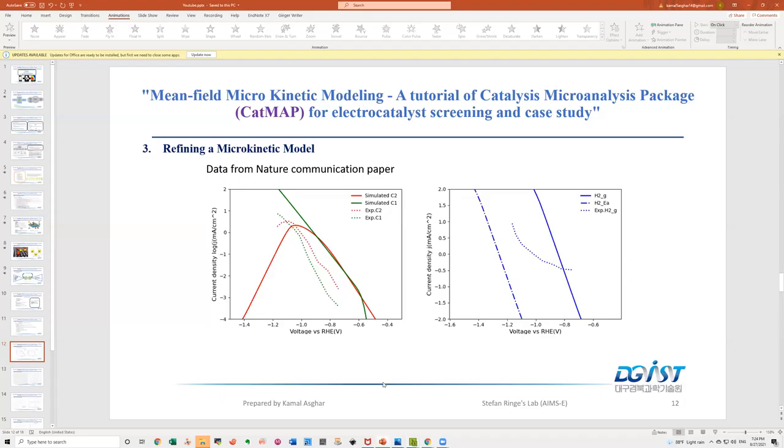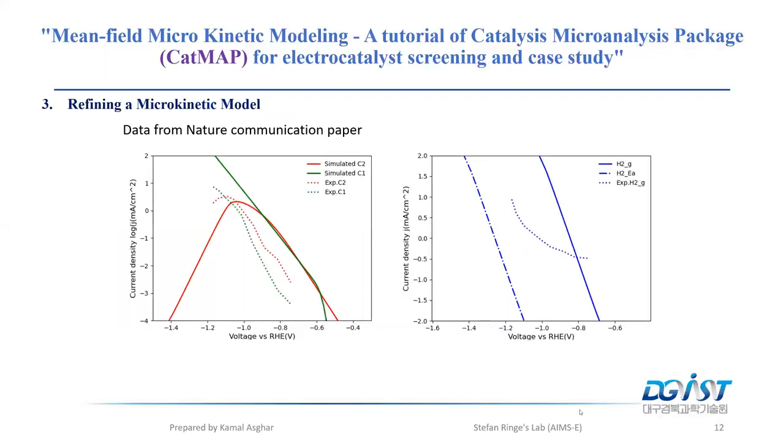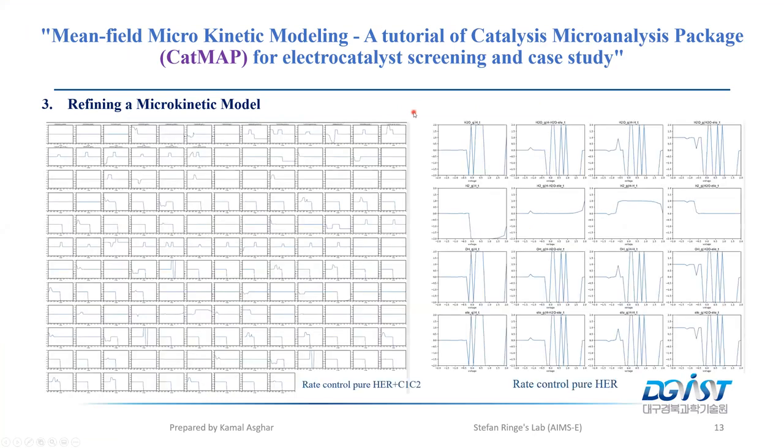So these are HER and other things. And this is rate control. They have given the script for rate control for HER competing with C1 and C2 products, and rate control of pure HER.